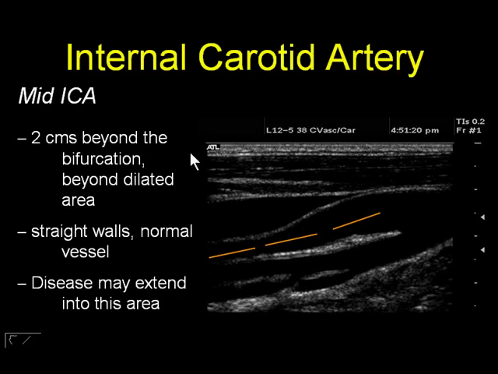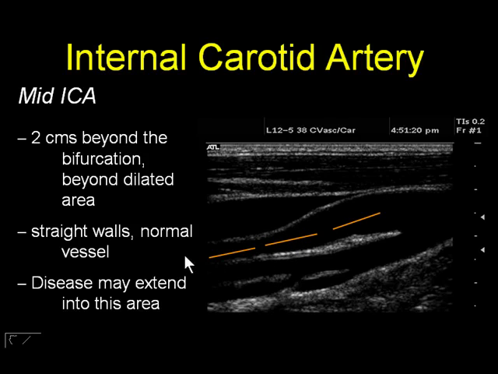The mid-internal carotid artery, of course, the examination is carried on throughout the whole portion of the extracranial carotid, but we define the mid portion of the internal carotid artery as that area about 2 cms beyond the bifurcation. Typically beyond that dilated area, the vessel walls tend to be straight and tend to be a little bit more normal diameter.